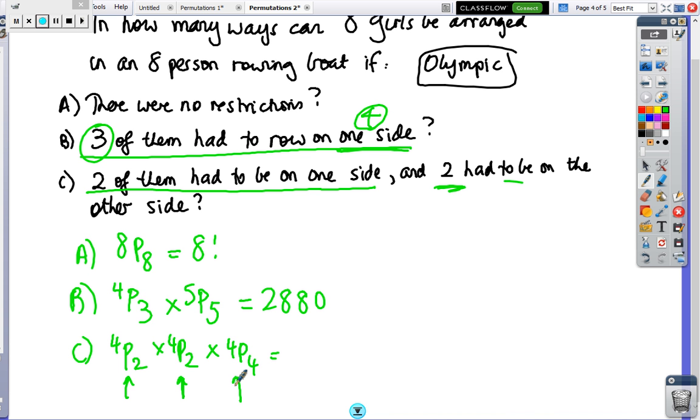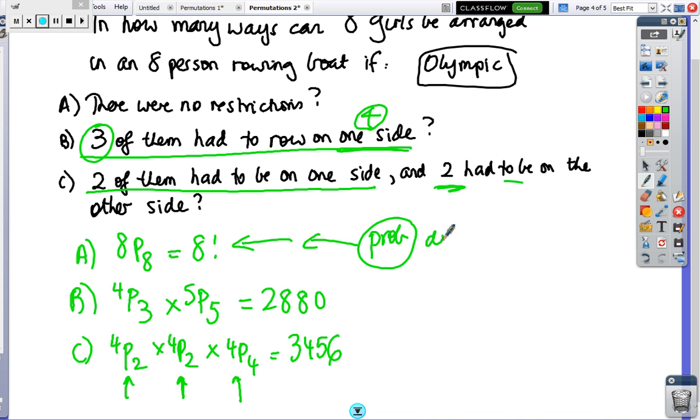So 4P2 times 4P2 times 4P4, and on my calculator I get 3,456.